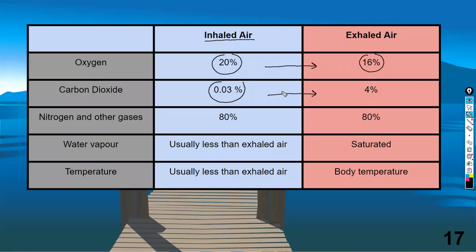So when you are breathing out, all that carbon dioxide that was created in your body via respiration, your body will try to get rid of it, and it will send it to your lungs. And when you breathe out, that unwanted carbon dioxide will exit your body. So when you're breathing out, you actually have more carbon dioxide coming out than coming in.